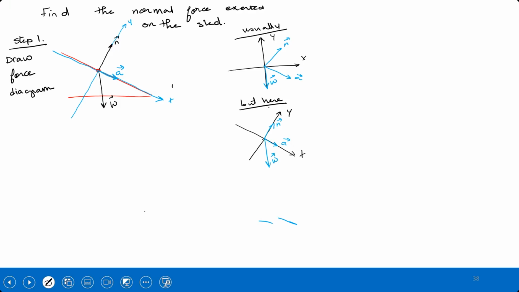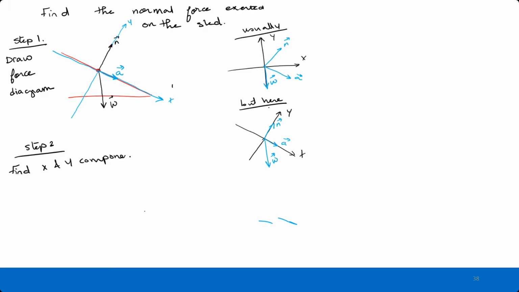So step 2 is to find x and y components. Step 3 will be to use Newton's laws to find whatever we want to find.